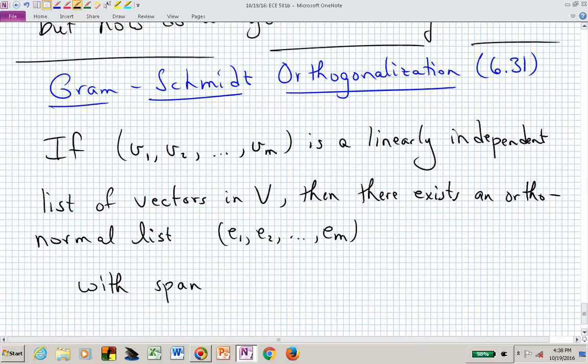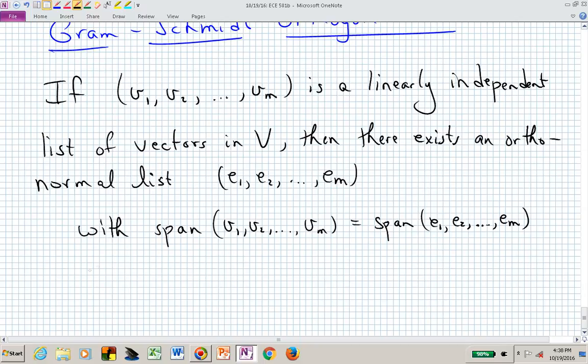So the span of v1, v2, up to v sub n equals the span of E1, E2, up to E sub n. And that's true for all L that belong to those vectors 1 through n.